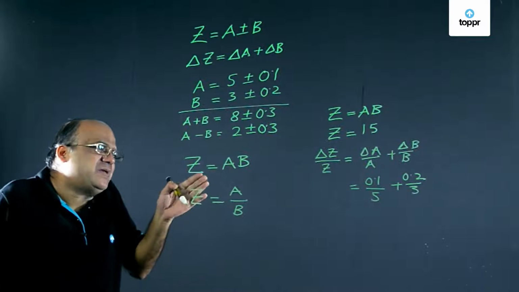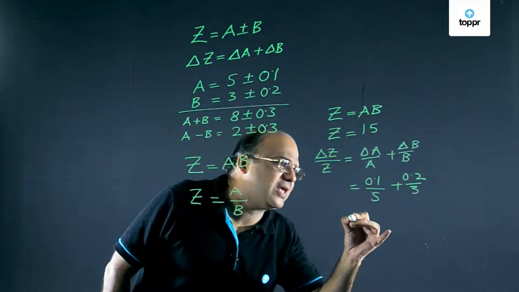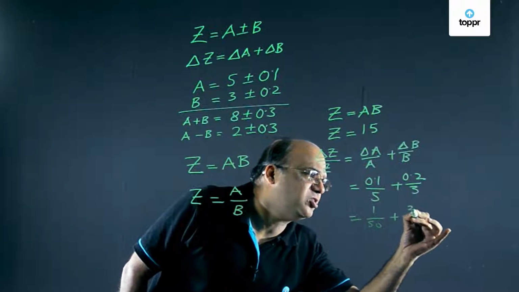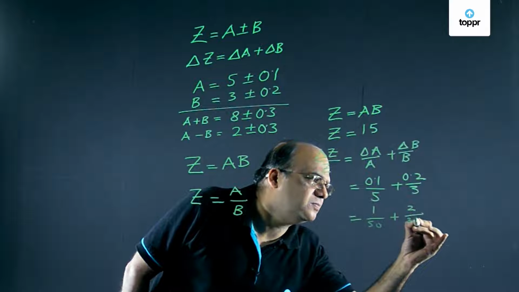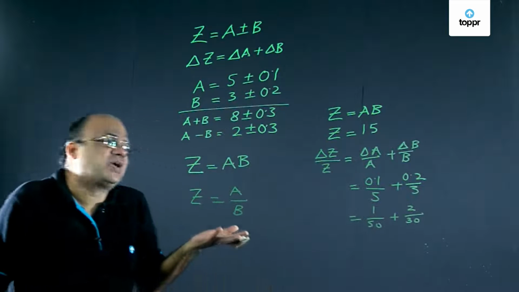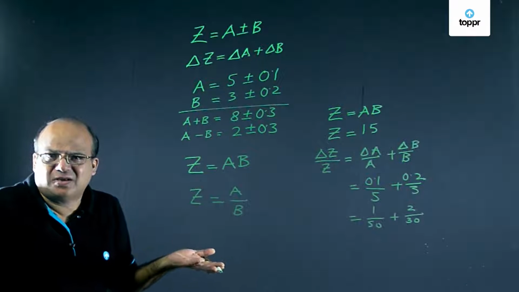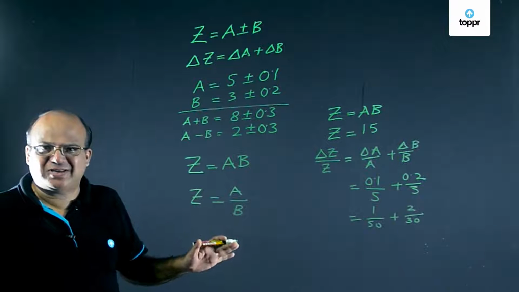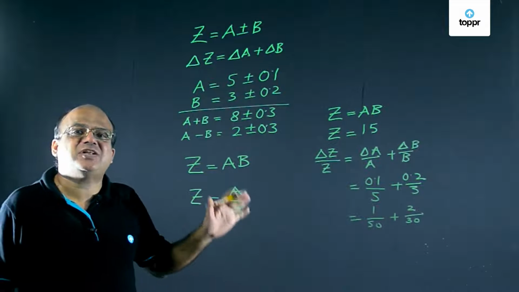So now we can do the mathematical operation. We will get 1 by 50 plus 2 by 30. And we can find the fractional error. So when we are doing multiplication or division, remember fractional errors are added.